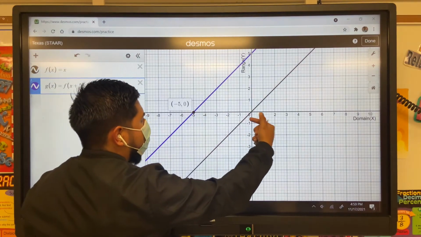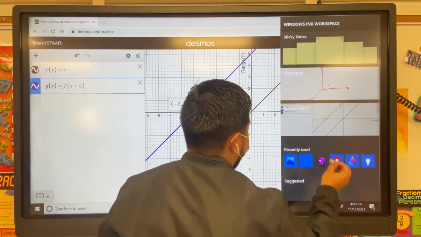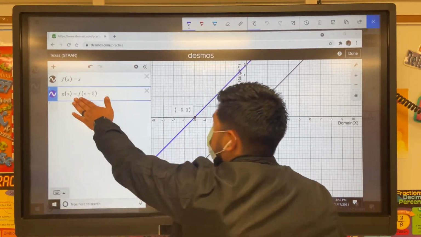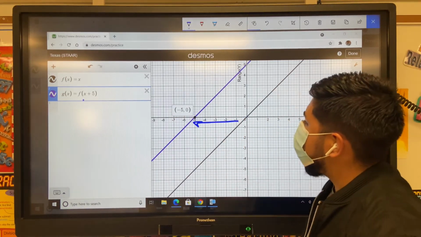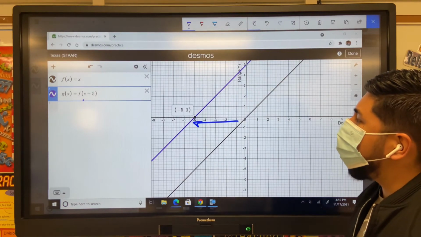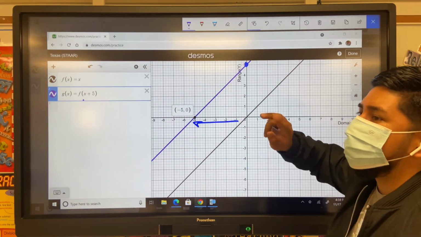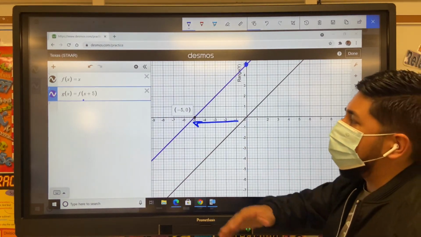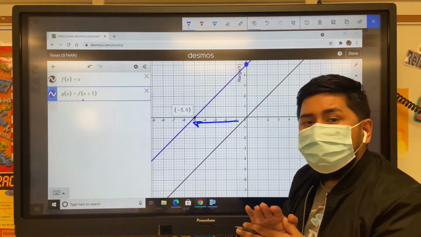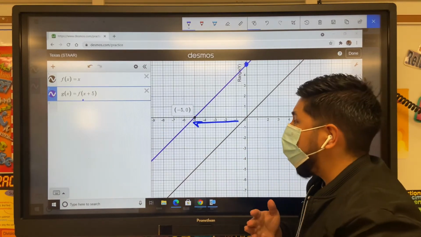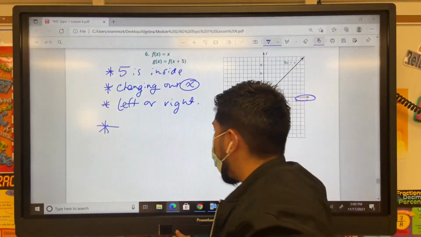Now it says negative, so now it went to the left. How crazy. I want to talk about that real quick, because if you see right here, I put plus 5. But it went to the left. Isn't that crazy? But if this was a vertical shift, we can see it is a positive 5. So this is where we got to make sure we graph it, and then we see where did it go according to what the function is saying. Went left. Gonna keep going and making announcements. No worries. Let's keep rolling.